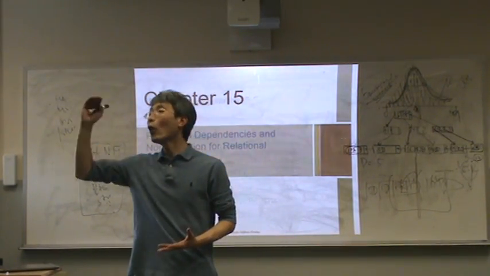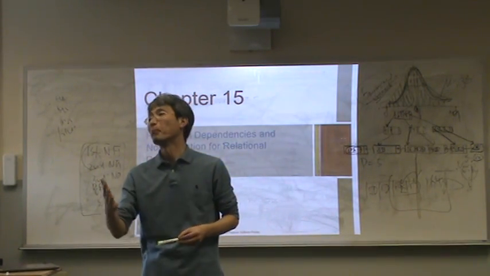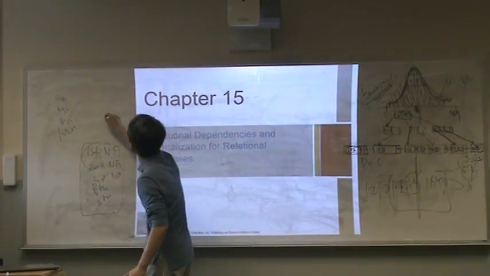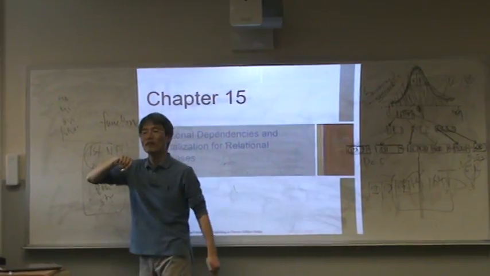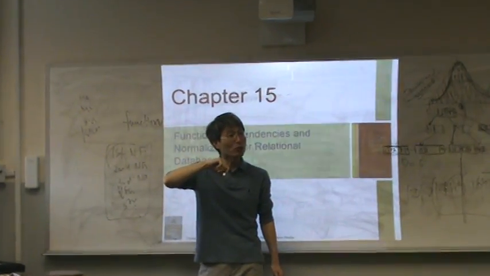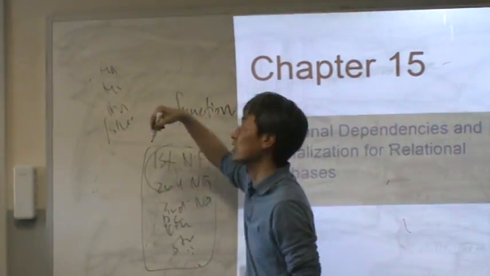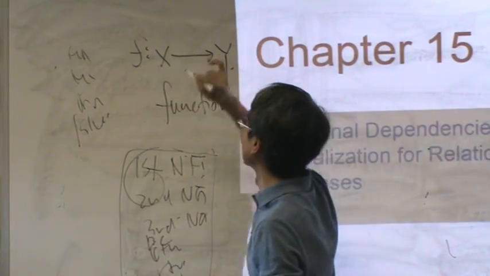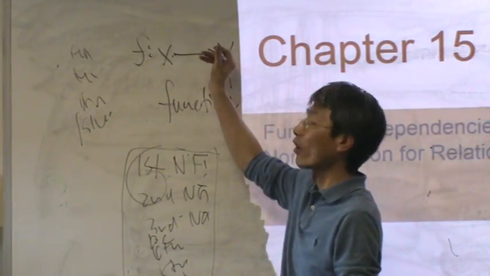Then the formal way of normalization means the mathematical way. At that time, we will use, what is this? In your algebra course, algebra 1, algebra 2, you learned about the function. What is the function? X to Y, X is a set, Y is another set.